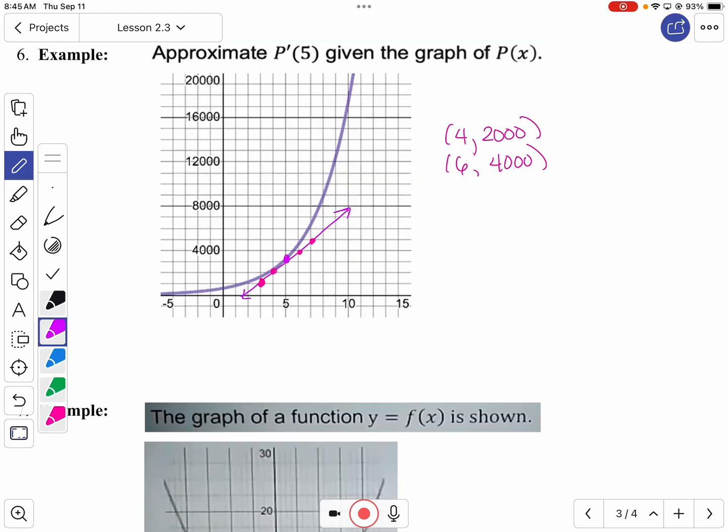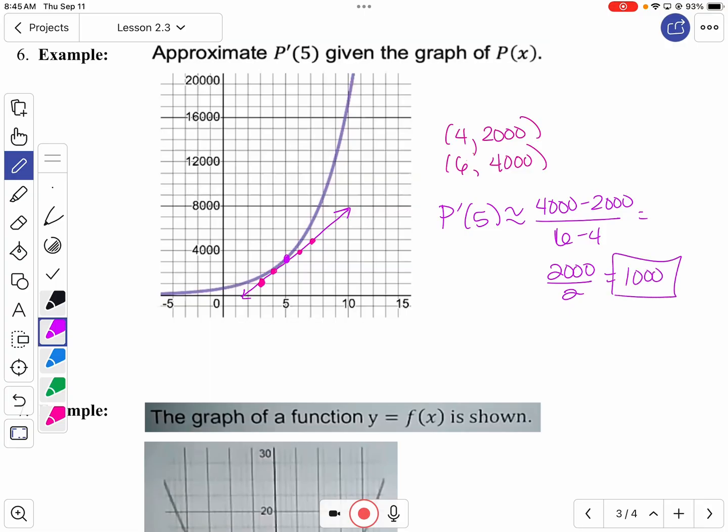Now, we're going to do our average rate of change. So we would approximate P prime at 5 to be (4,000 minus 2,000) over (6 minus 4), which would give me 2,000 over 2, or 1,000. It didn't give me any units, so I'll just take it to be 1,000.